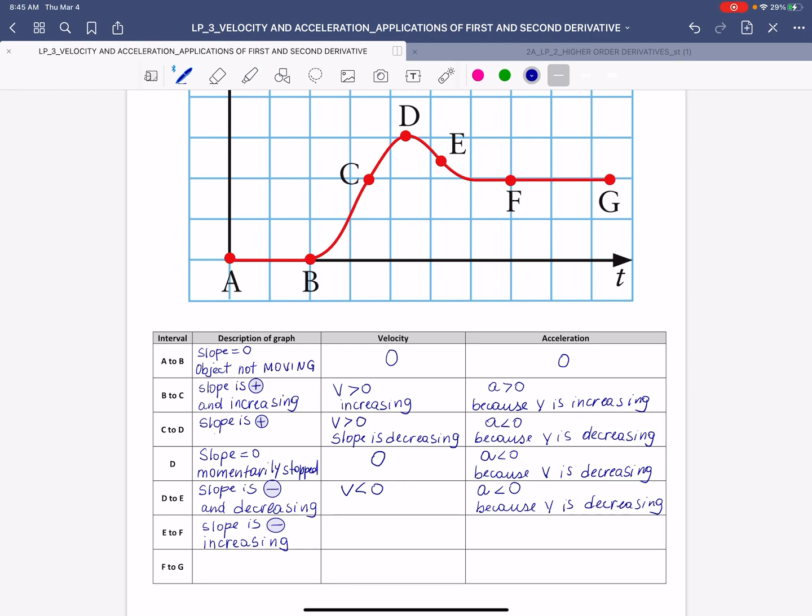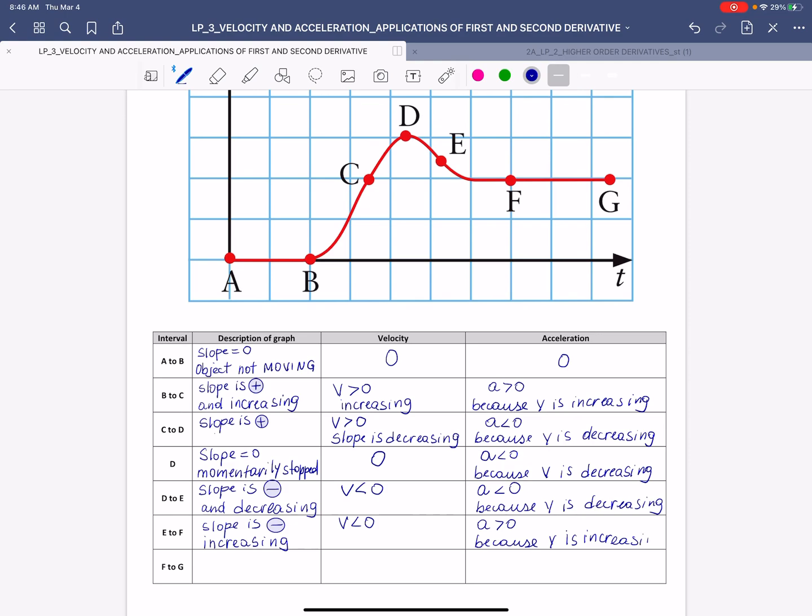So that tells us that from E to F, the velocity is negative. And because velocity is becoming less and less negative as we move towards point F, we'll say that the acceleration is positive. Again, because velocity is increasing, which is marked by it being less negative.